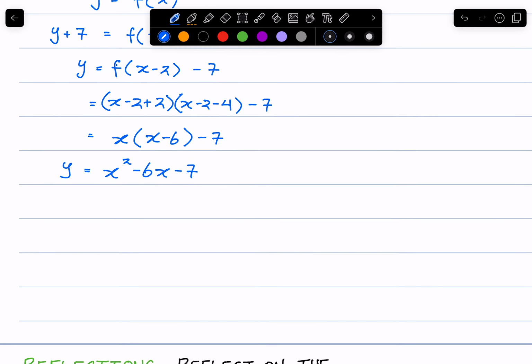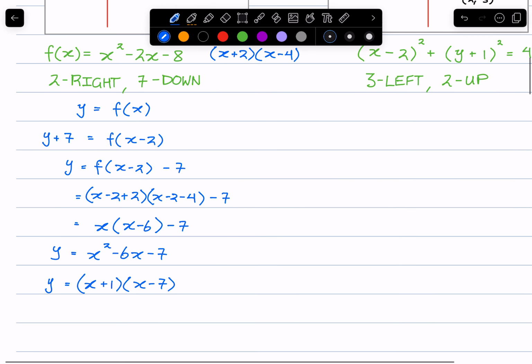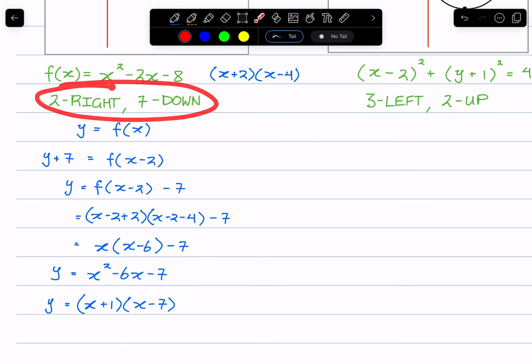And if possible, let's factorize this. Oh, well, I've designed the question so that it does indeed become what we want. We get this expression. So I hope you can see how we've applied the substitution of y plus 7 and x minus 2 to implement these transformations to get to this new function.